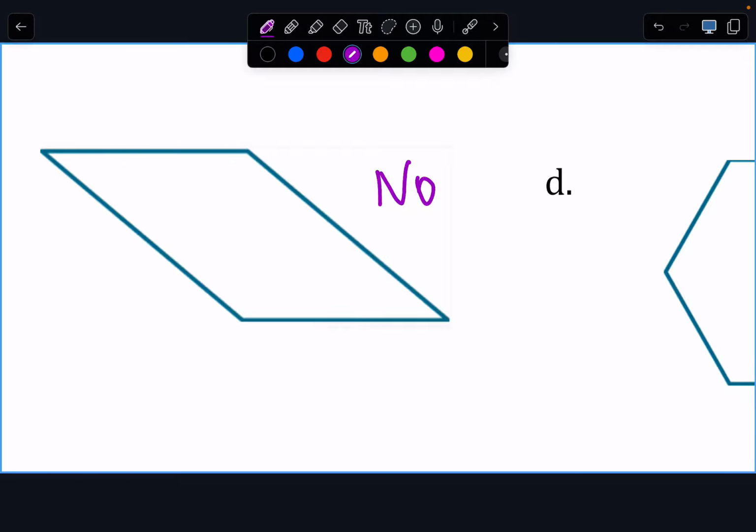So if we trace it, and then we're gonna fold it along this line that you think is. Try to see if you can pull it away. Okay.